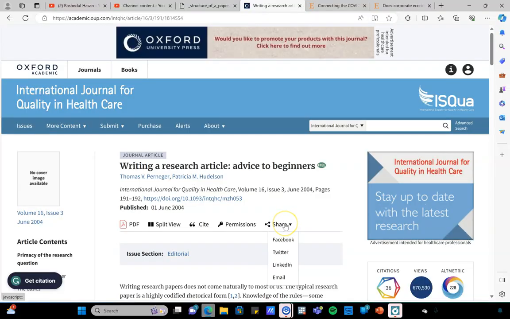So let's begin. Remember that there are a variety of ways you can structure your paper, and it sometimes will depend on the type of the research method that you have applied or the journal that you have chosen to submit, because always remember to look at the author's guidelines for each journal, and there it is essential that you structure your research outcome based on the format that the journal is required from the authors.